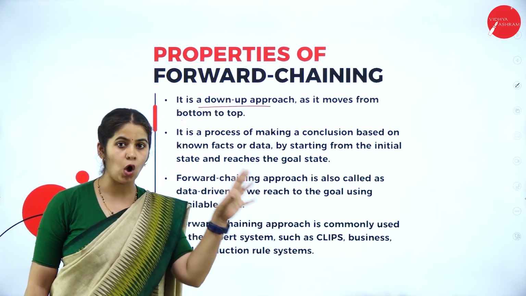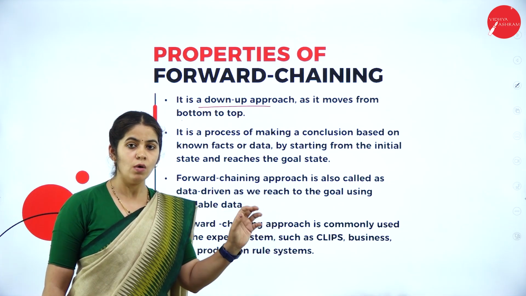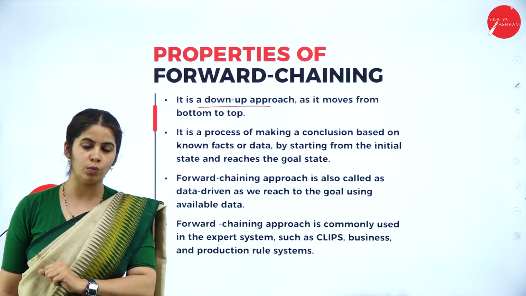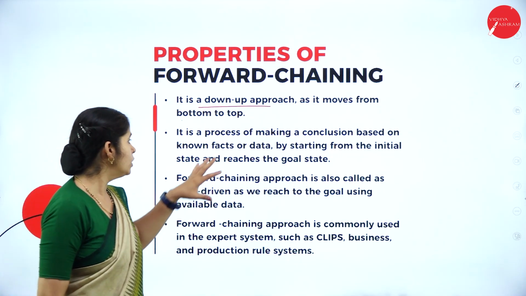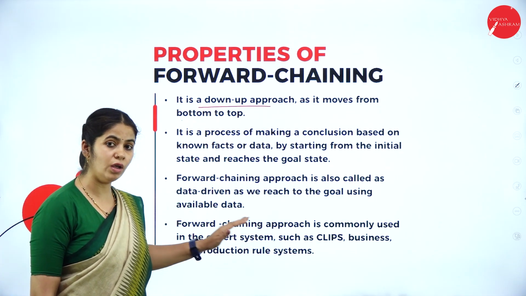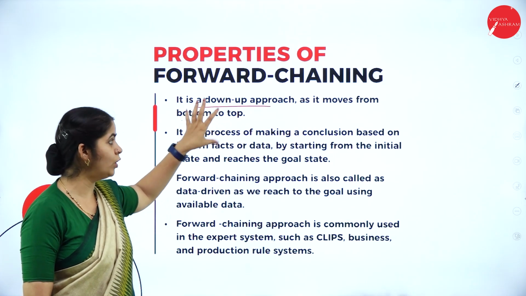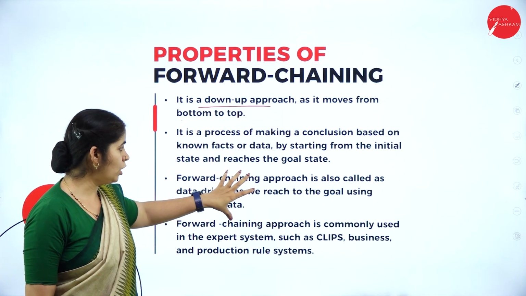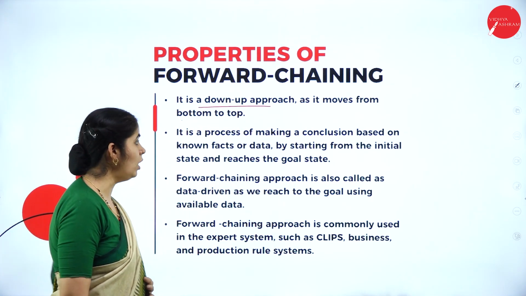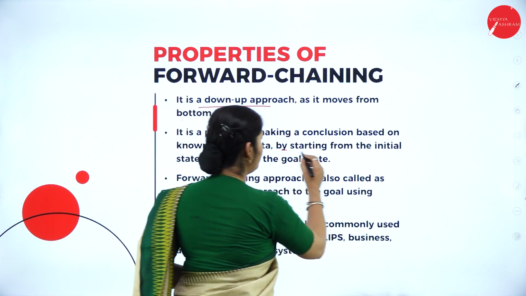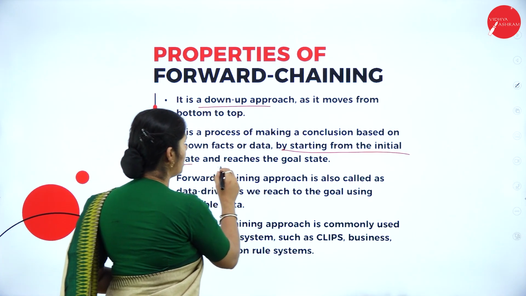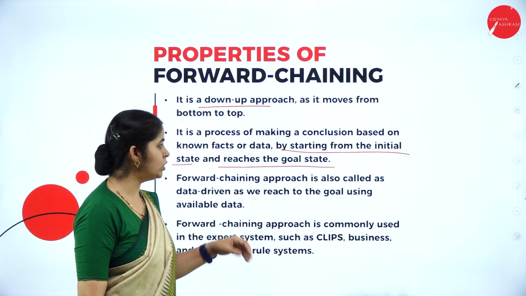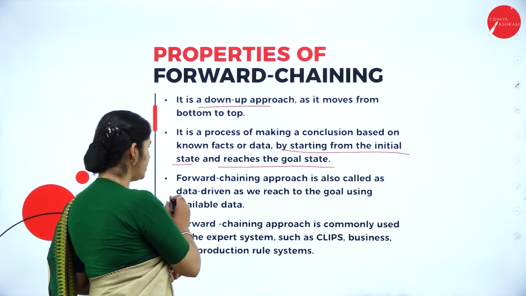With the knowledge we have, we get this conclusion. We don't know what the output should be, but with the known facts, we try to reach the output by starting from the initial state and reaching the goal state. The forward chaining approach is also called data driven.